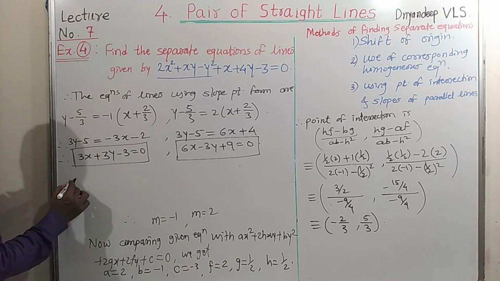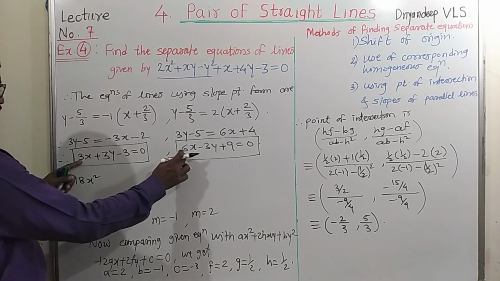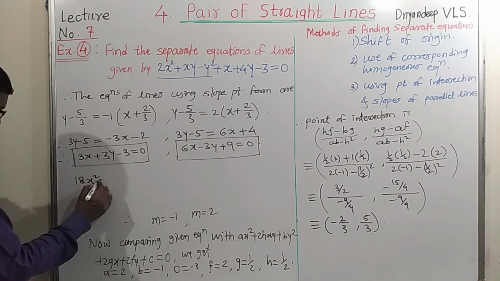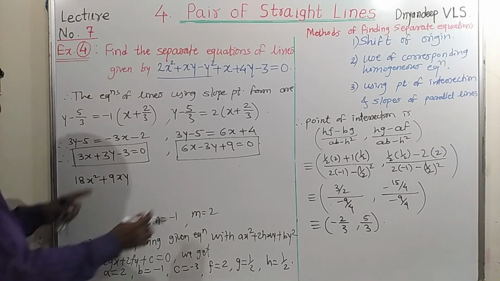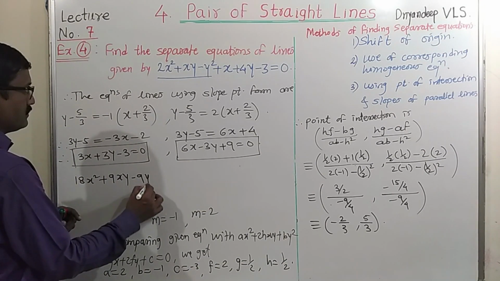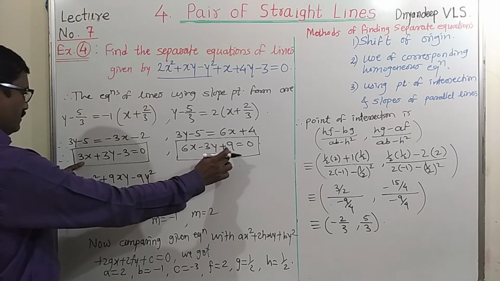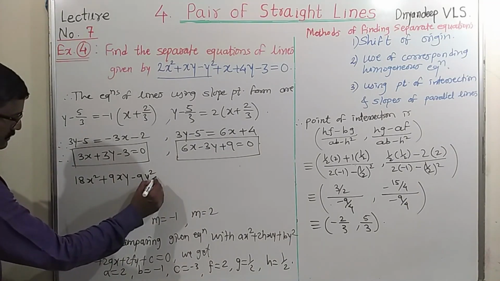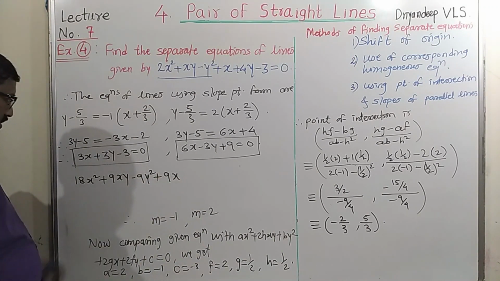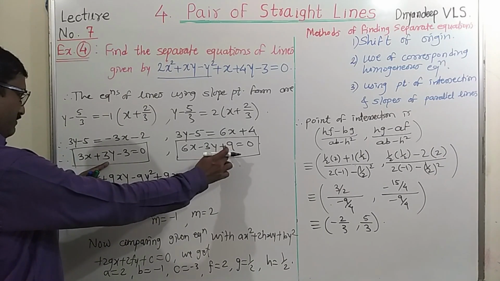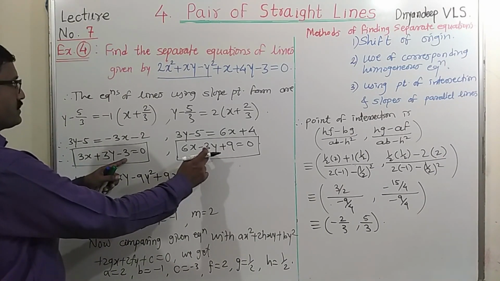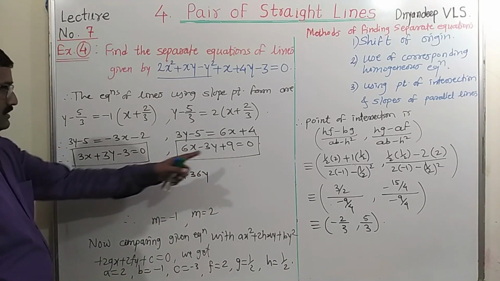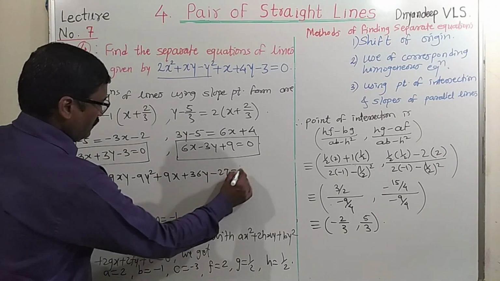Let us check, it will be 18x square, then xy terms, that is minus 9 plus 18, that is plus 9xy, y square term, that is minus 9y square, x term is 27x minus 18, that is plus 9x, y term, that is 27 plus 9, that is 36, plus 36y, and last one is minus 27 equal to 0.